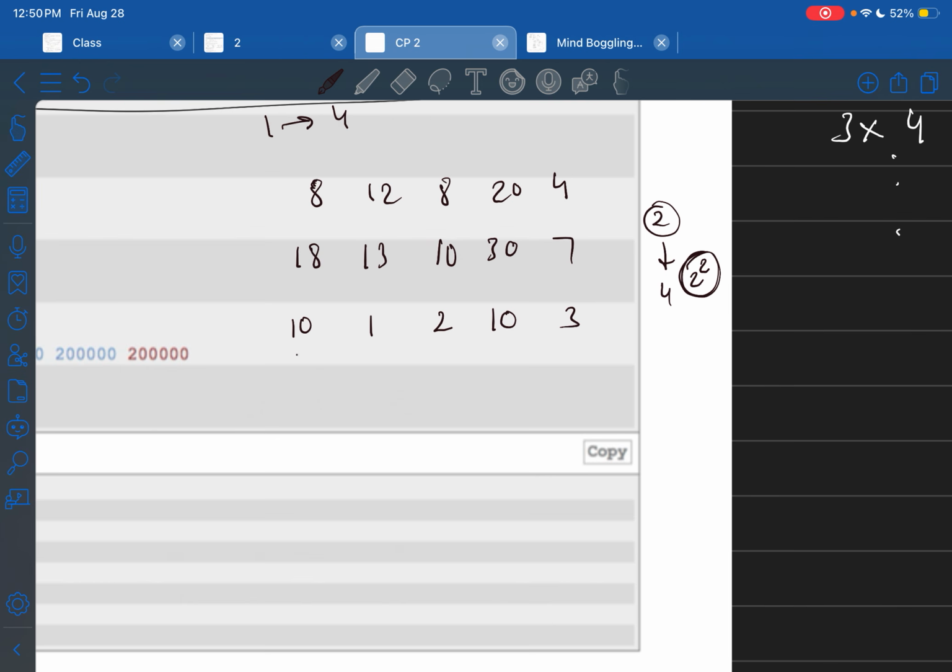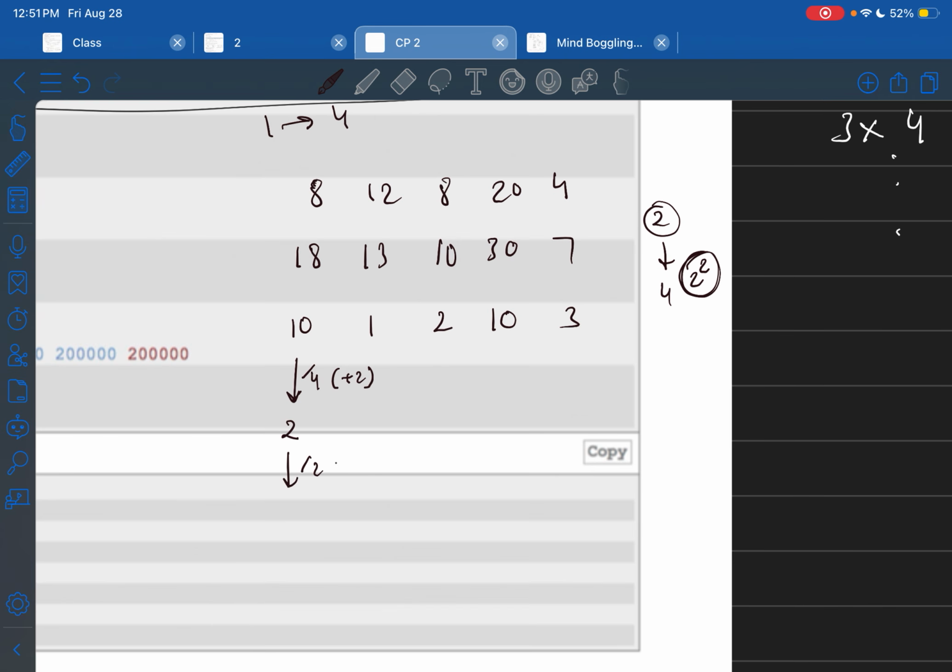greedily choose it. Like for example, I have 10, so before doubling it twice, you can actually add 1 twice, because 2 times 4 is 8. So what I'm saying is, divided by 4, you can add a 2, the remainder becomes 2.